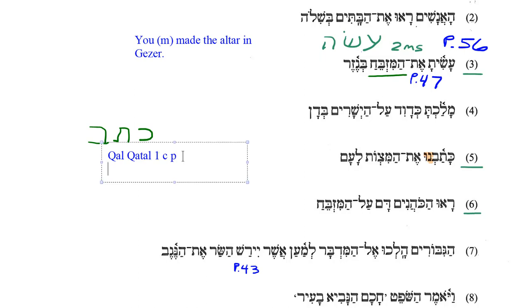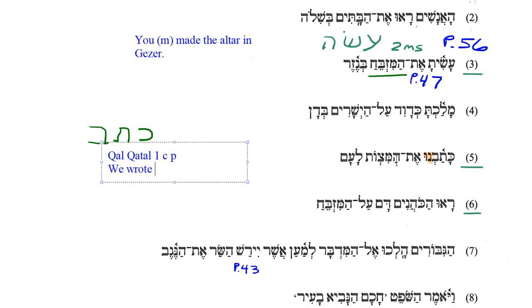Let's go ahead and start typing in what it means here. So katavnu would mean we wrote. Then we have the direct object marker et. So what follows it is the direct object, hamitzvot. This is an interesting word, and it might be a little bit confusing. A mitzvah is a commandment.